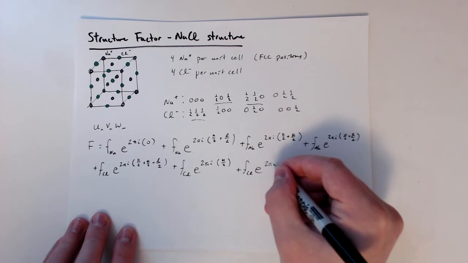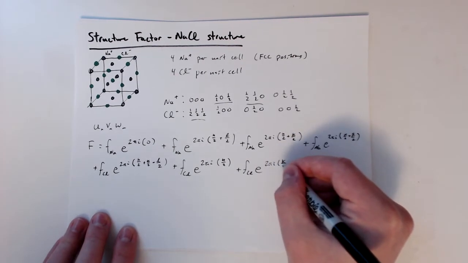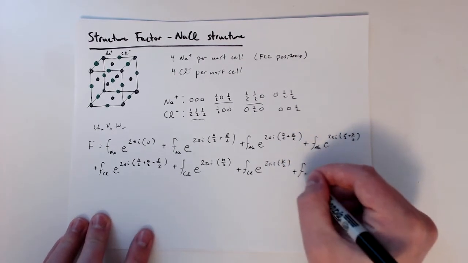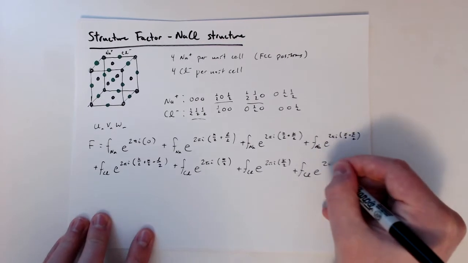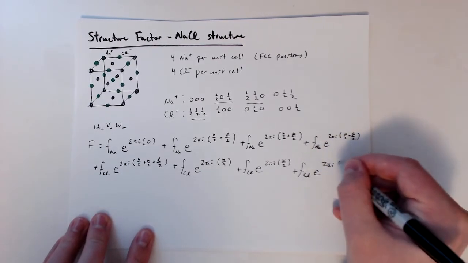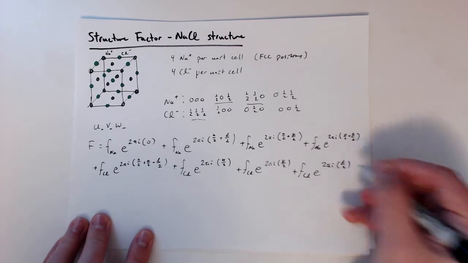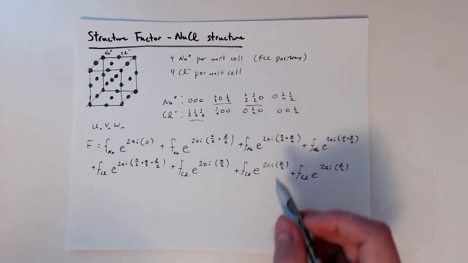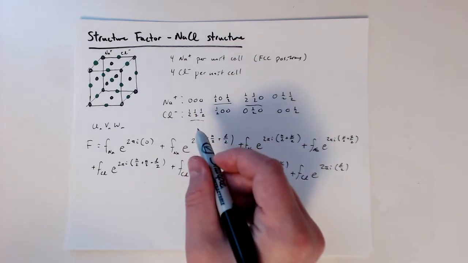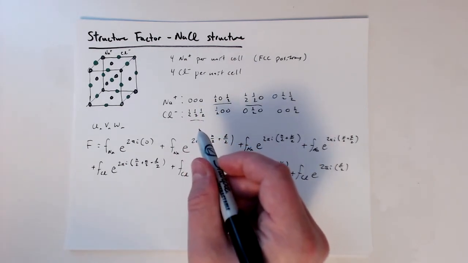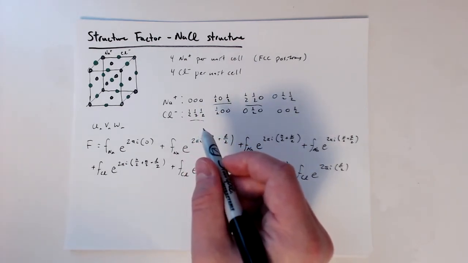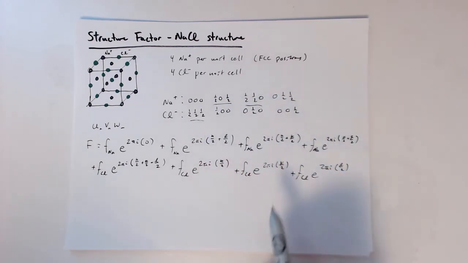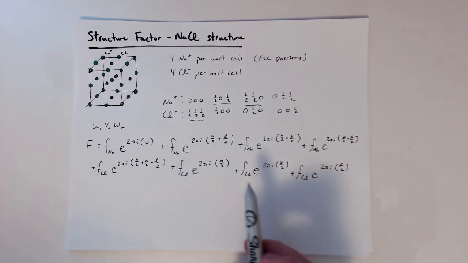So I'll just go ahead and write those out. Okay, so that's written all out, plugging in our uvw's and multiplying them by the general hkl terms.